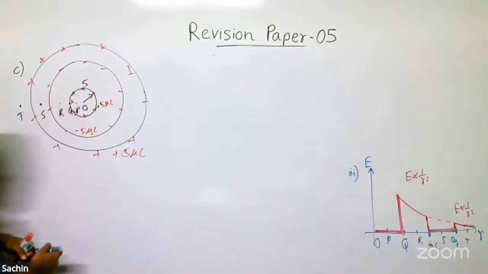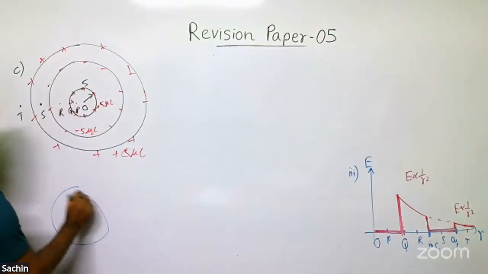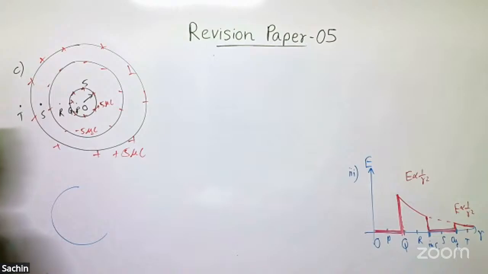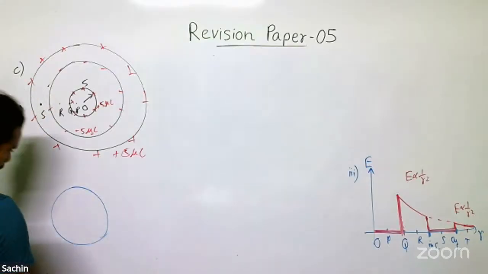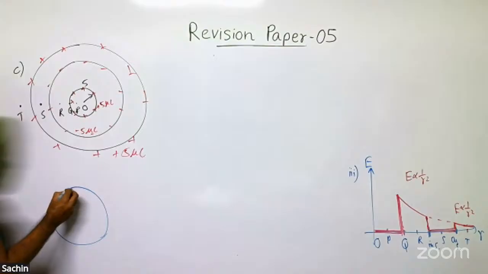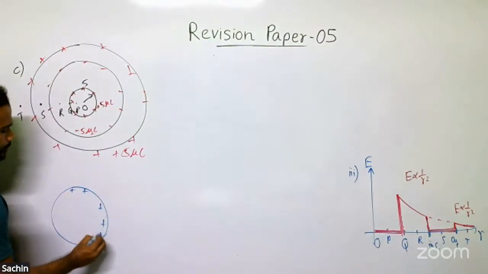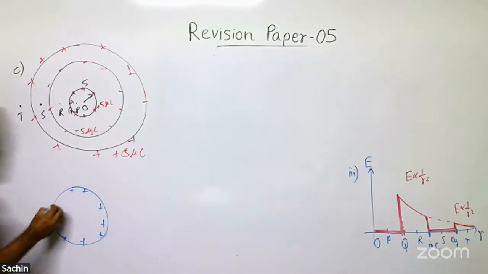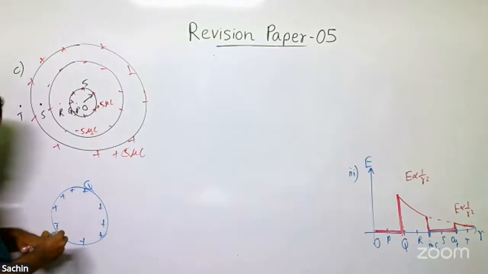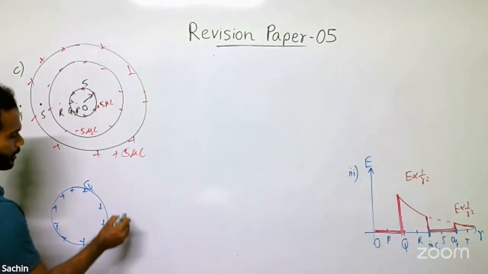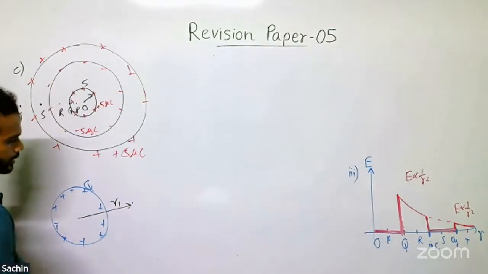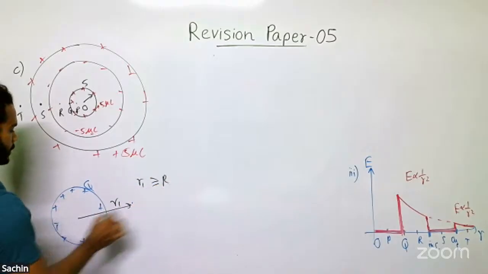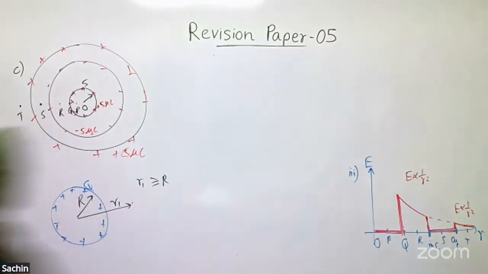electric potential. Okay. Let me remind you how you have to work with these problems. So let's say there's a conducting sphere like this. I'm just reminding the theory, okay? This is a conducting sphere. Let's say you have given a certain charge, that charge Q. Then you are considering a certain point. First case, you are considering a point which lies outside the surface, a point outside the radius r.